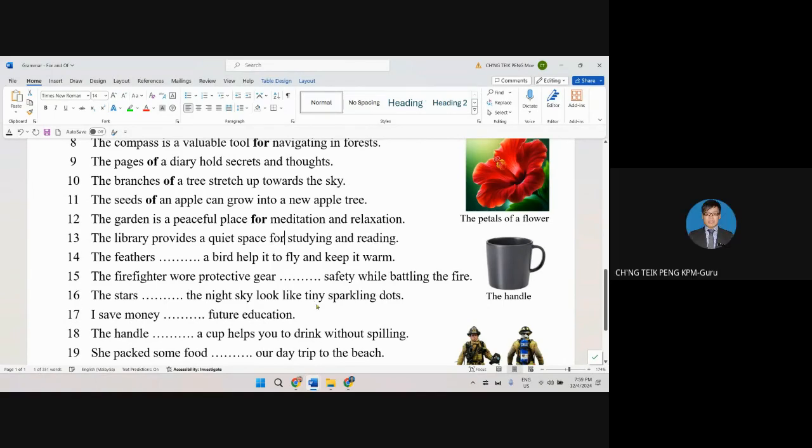OK， 很好，答案是对了。只是说念的时候就没有这样顺。你注意听啊，瑞轩。The library provides a quiet space. 这个是读 quiet，安静，a quiet space. And then you want to tell me the function of the space。那个地方给人家做什么的，功能是什么？So for studying and reading.